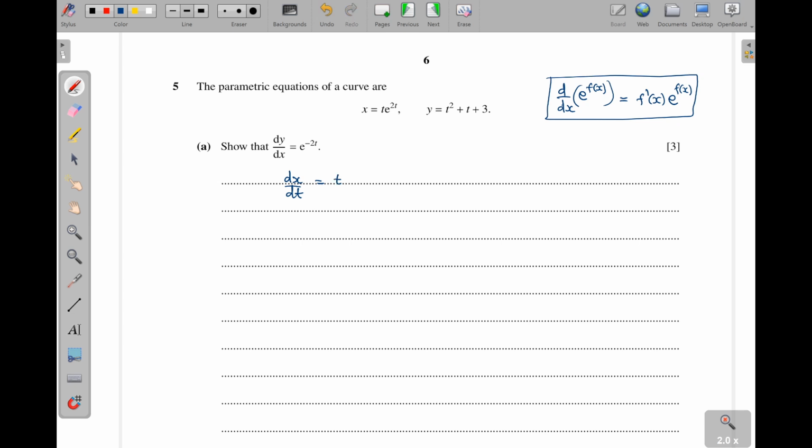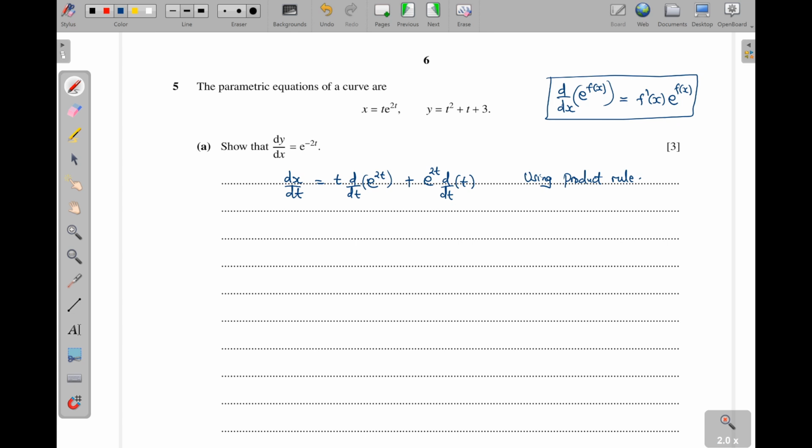I'll keep t constant, then differentiate e to the power of 2t, plus e to the power of 2t times the derivative of t with respect to t. Here we are using the product rule.